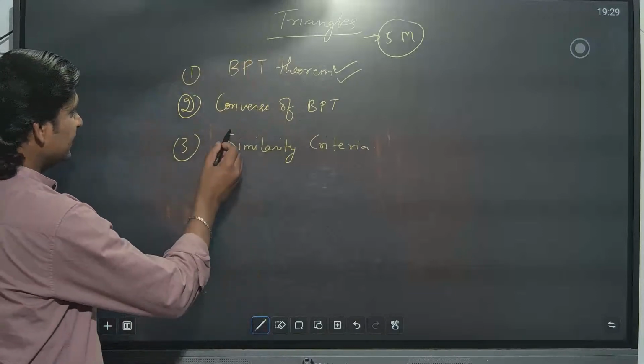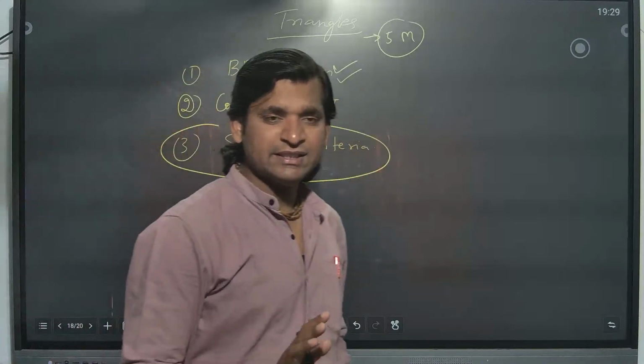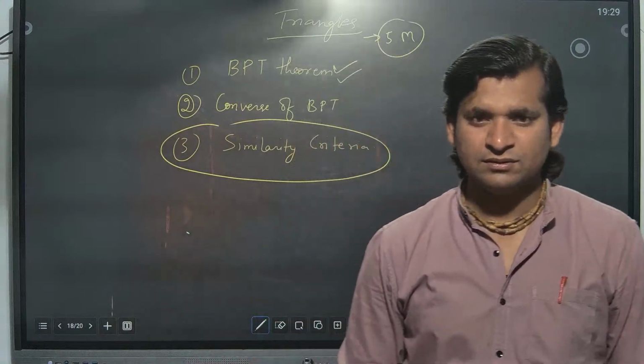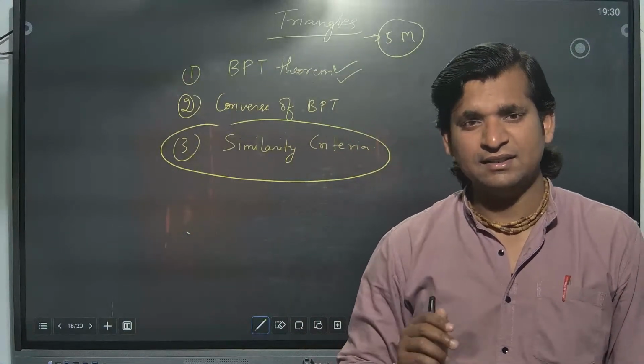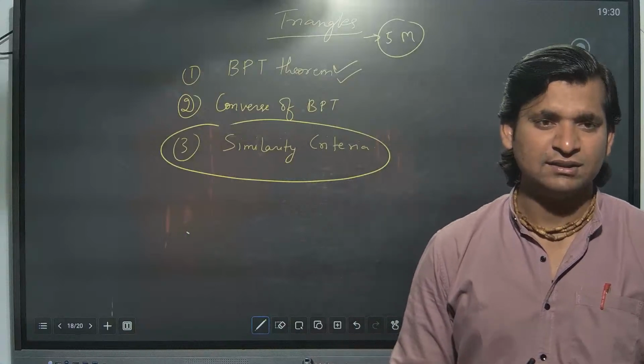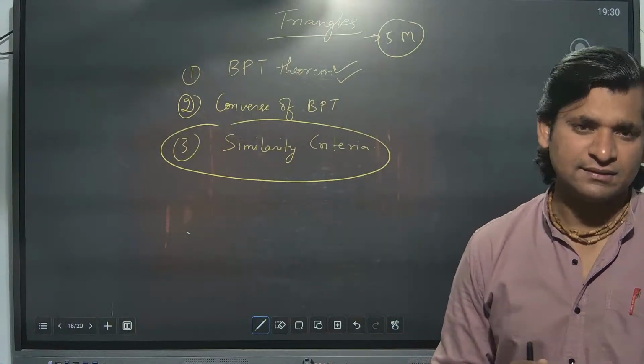Next is similarity criteria. We have three criteria for this. One is angle: if two angles are equal, then we say the triangles are similar.